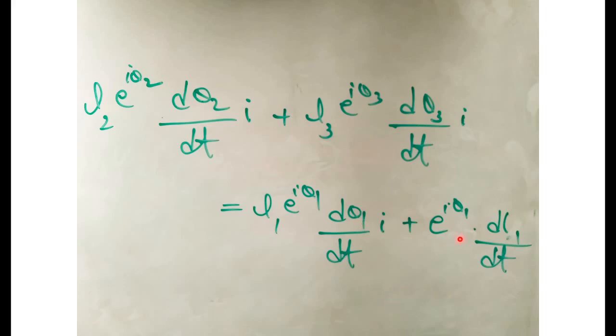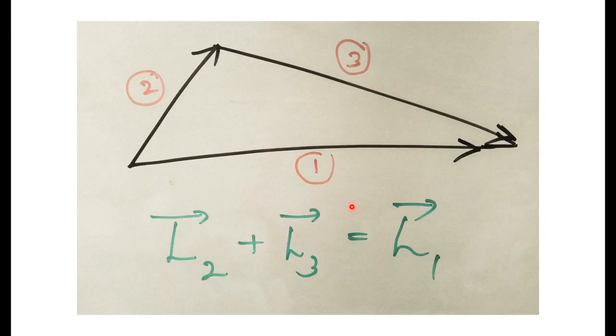So this term will be 0. We have remaining only this term on the right hand side, that is e raised to i theta 1 into dL1 by dt. Now you see, what is dL1 by dt? L1 is defined as the length from this point to this point on the slider. What will be the rate of change of that length?